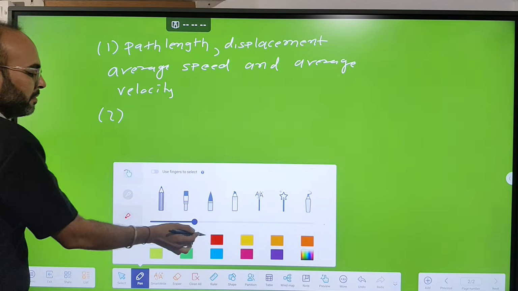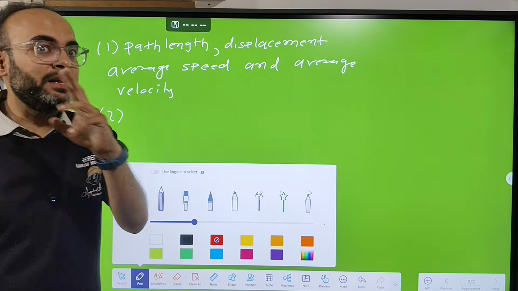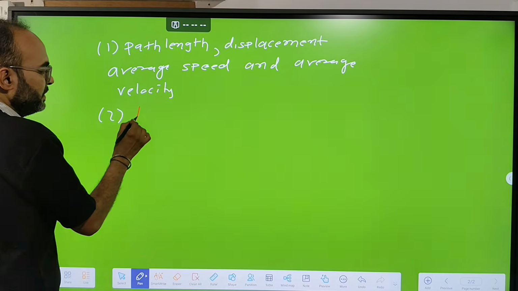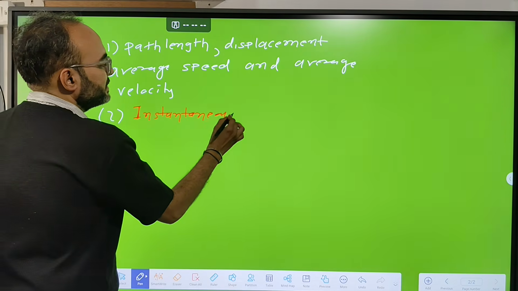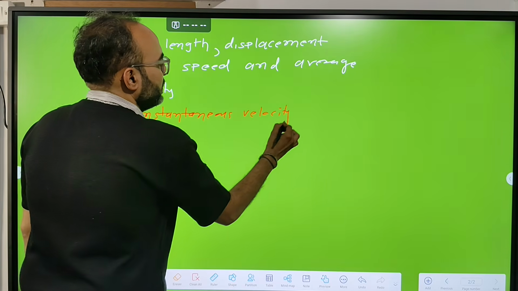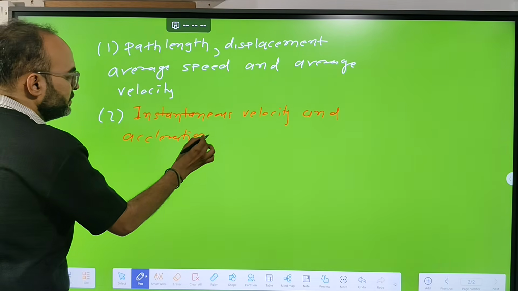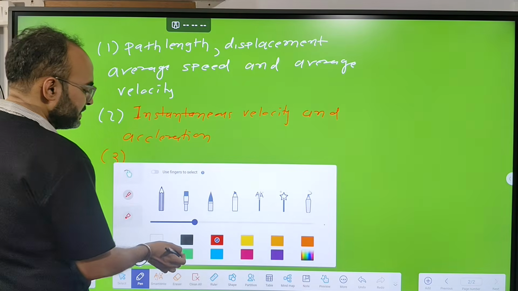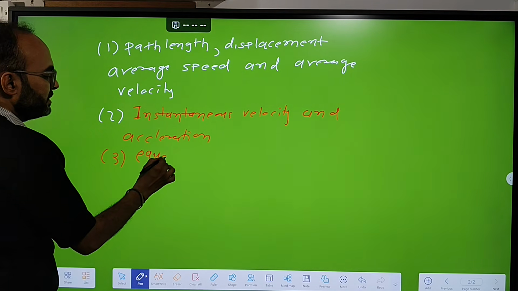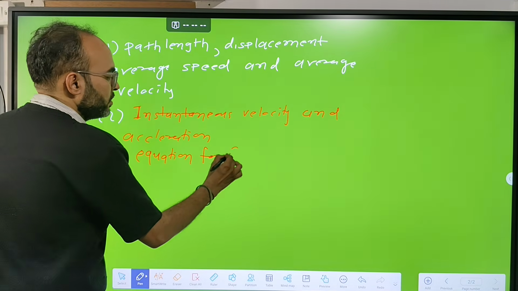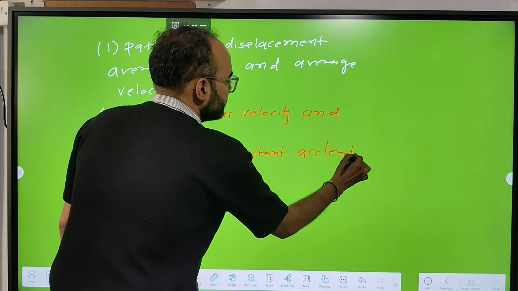Second topic is instantaneous velocity and acceleration. Third topic is equations for constant acceleration. This is our third topic.